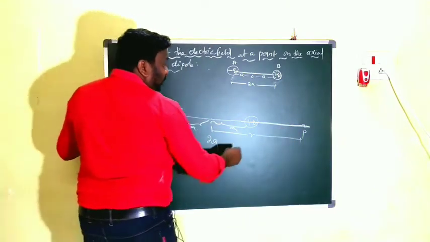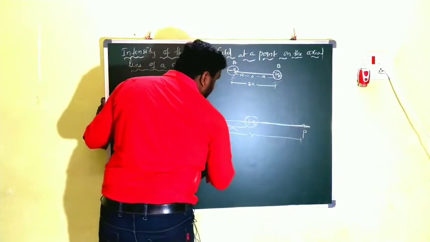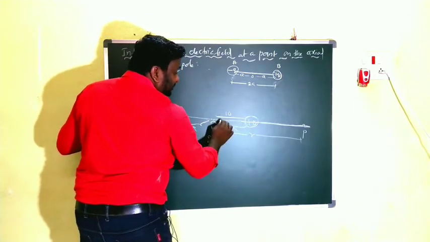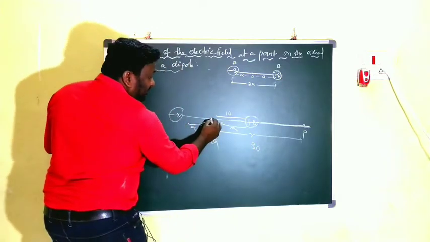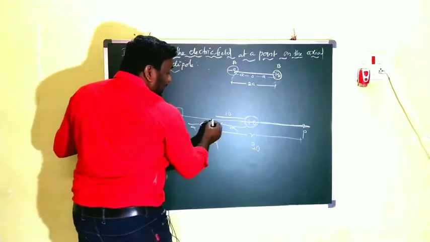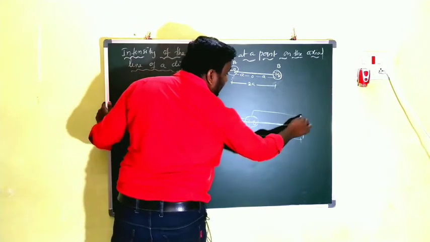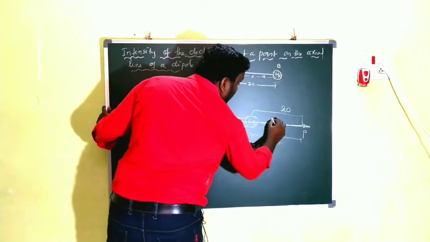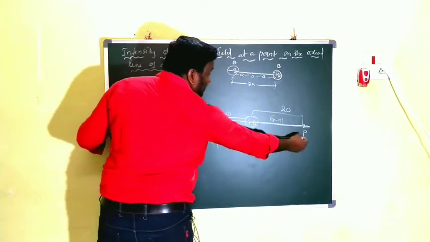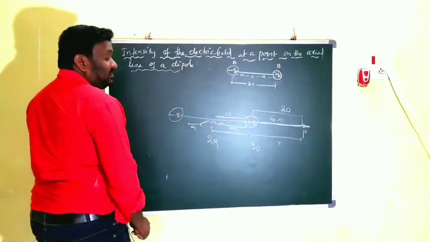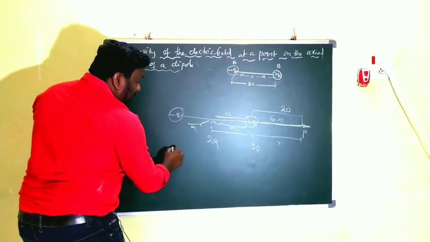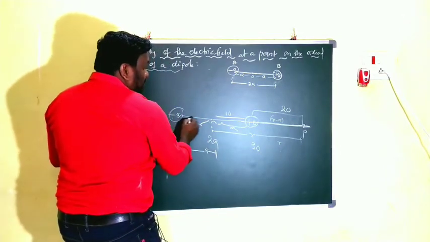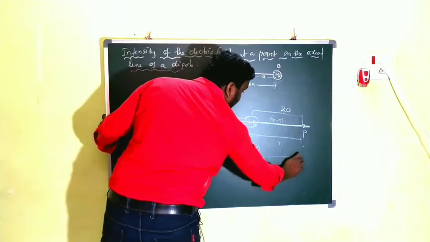And now, what is the distance from plus q to P? From the midpoint to P this is r, and this is a. So the distance from the plus q charge to the point is r minus a. And the distance from minus q to P: from minus q to the midpoint is a, and from the midpoint to P is r.